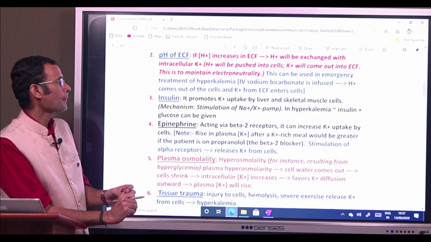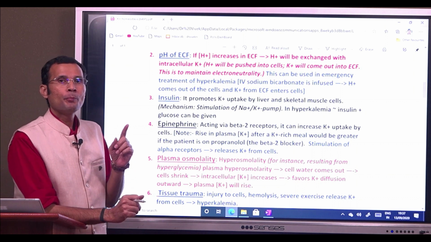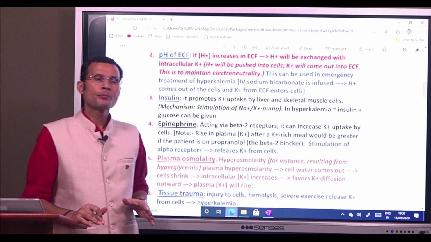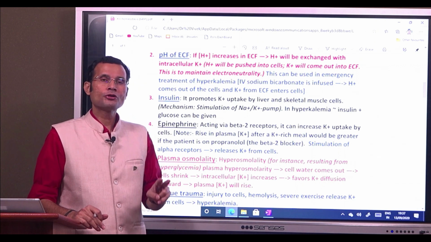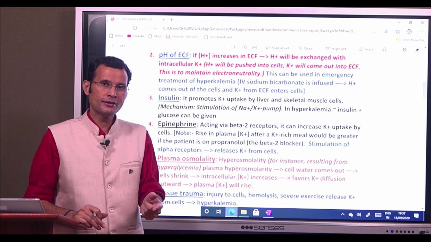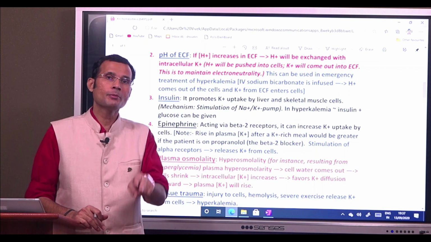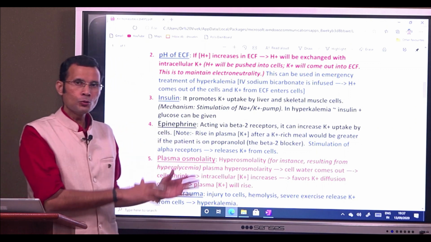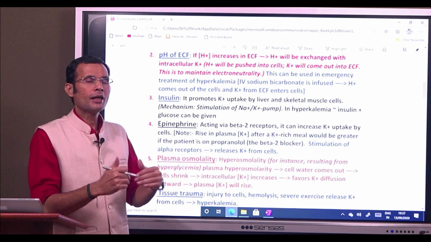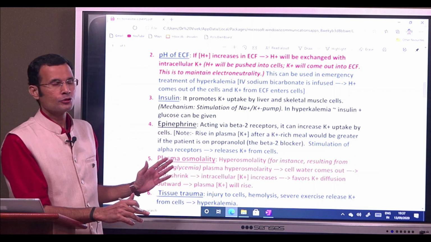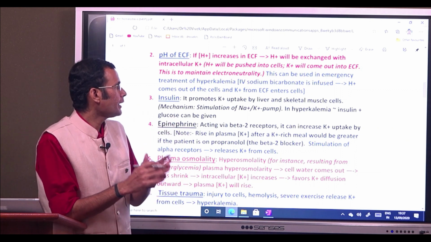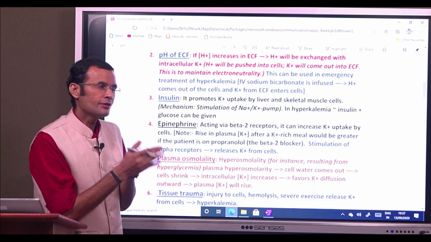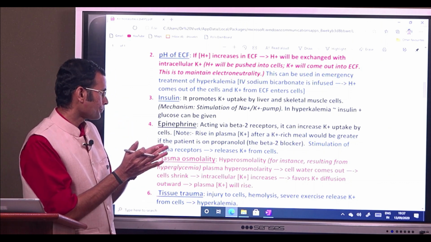Then insulin. Insulin promotes, now this is very important, you must always remember, insulin promotes glucose uptake by the cells and it promotes potassium uptake by the cells. Glucose and potassium are taken up by the cells under the influence of insulin, particularly potassium uptake by the liver cells and skeletal muscle cells.